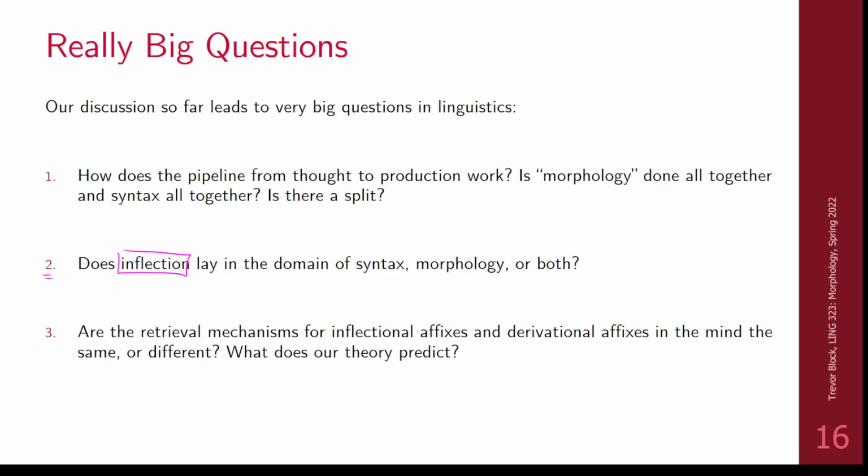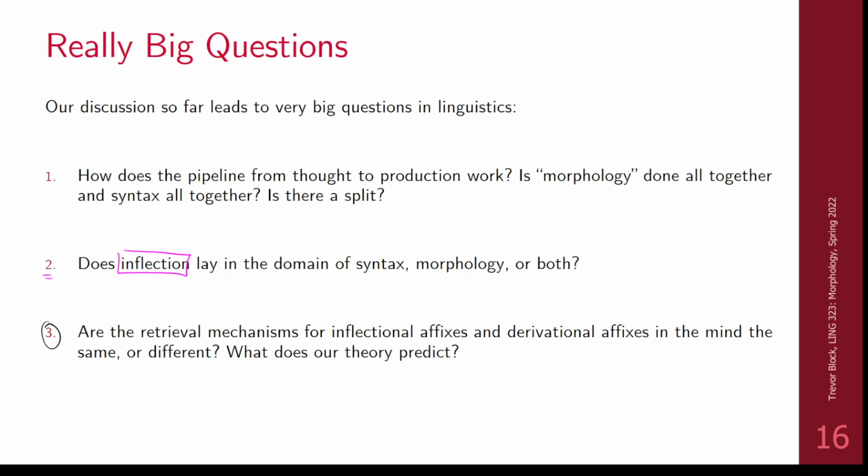And finally, in terms of the human brain, if we want to prove that inflection and derivation are truly different, we'd have to ask ourselves, in our brains, are we accessing them differently? So when we are producing words, for example, do we struggle with derivations but not with inflections?